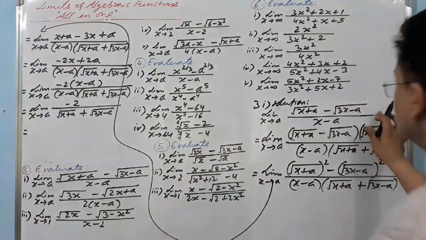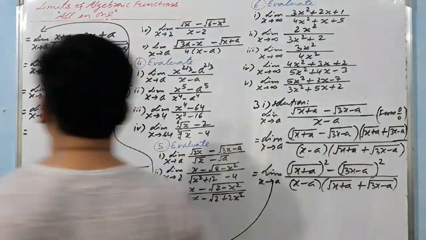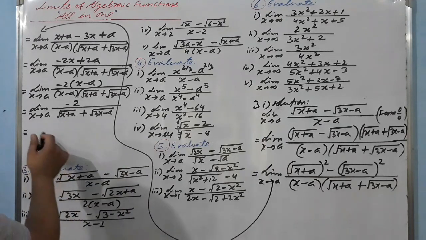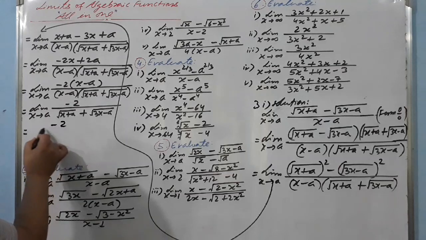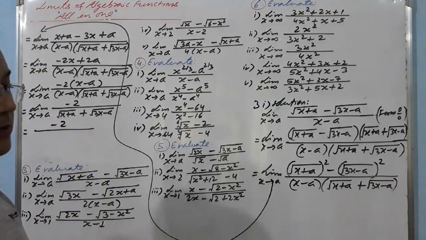The earlier one was an indeterminate 0 upon 0 form, that's why we needed to simplify. But here in the numerator we have a constant, so there is no chance to get 0 upon 0. So let's put the value of x here. If the function is not in indeterminate form, then the value of the function is equal to the limit of the function.